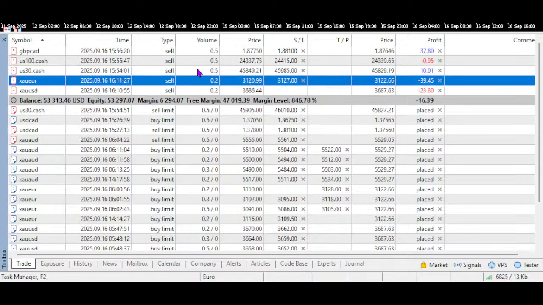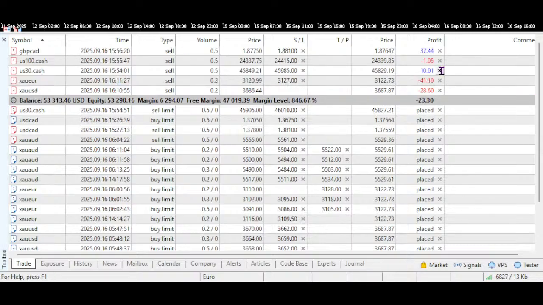Then we are going for another sell at 25, or put 24.5, and that one we will put a stop at 28.5.